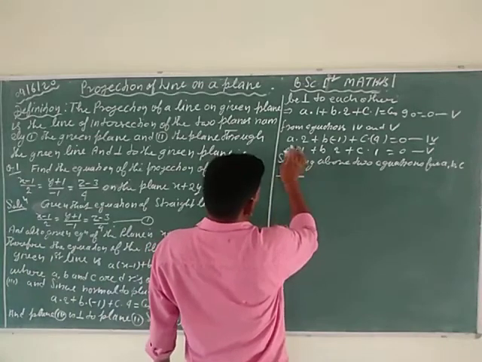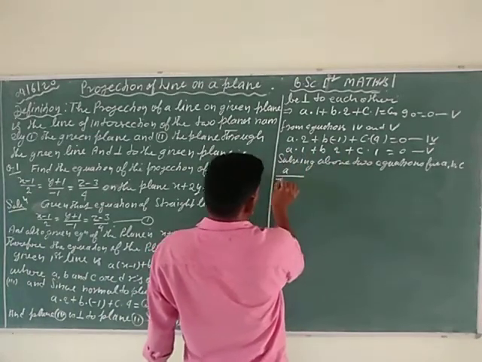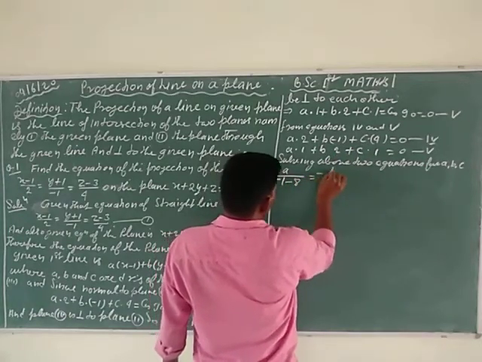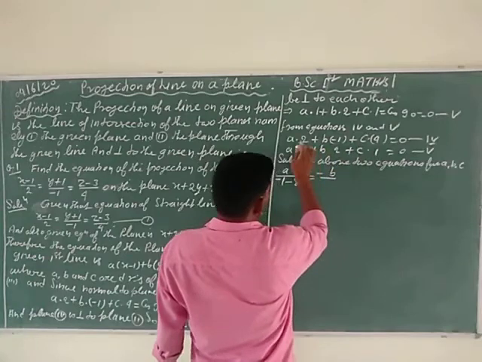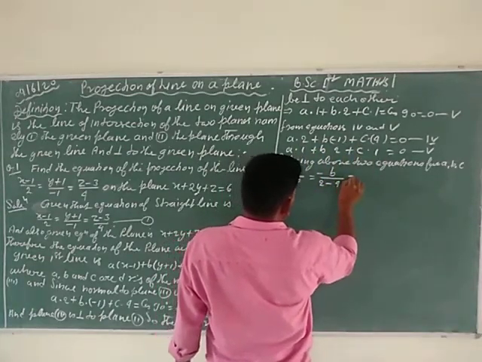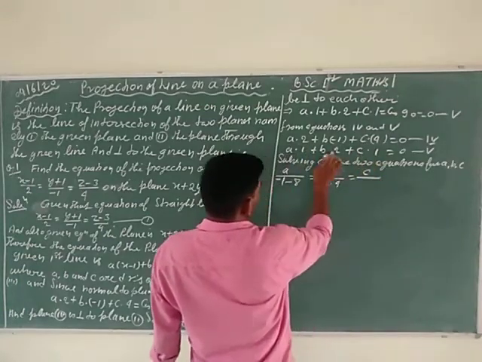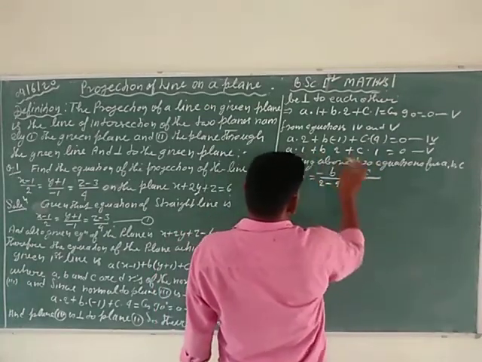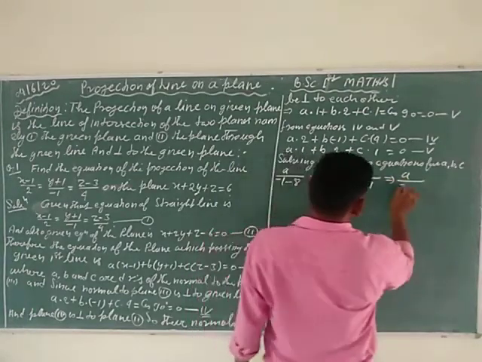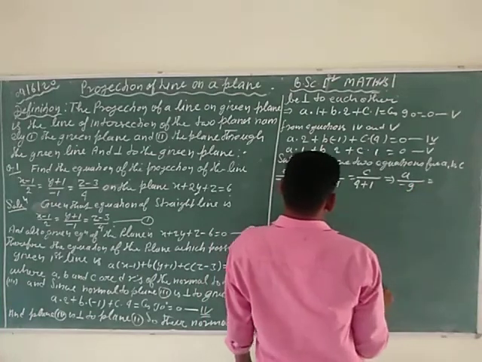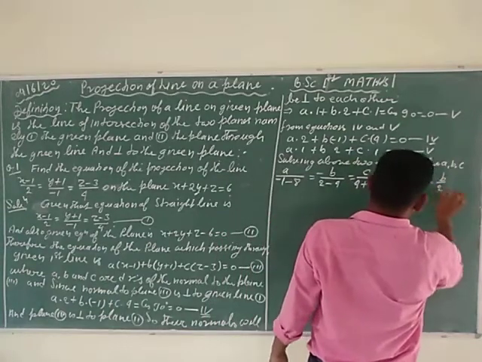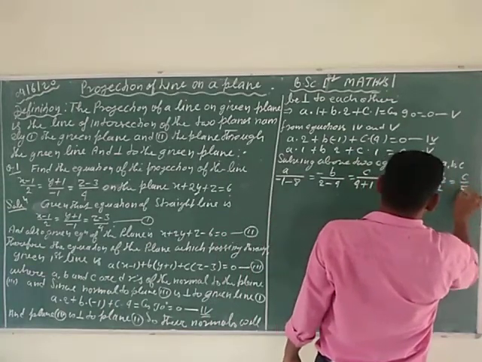Therefore a by: consider minus 1 times 1 is minus 1, and 2 times minus 4 is minus 8, so minus 9. For b: 2 into 1 is 2, minus 1 into 4 is 4, so 2. For c: 2 into 2 is 4, and minus 1 plus 1, so 5. It is represented by a by minus 9, b by 2, and c by 5.